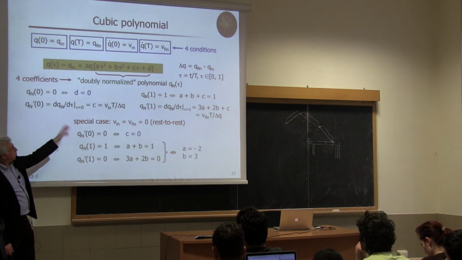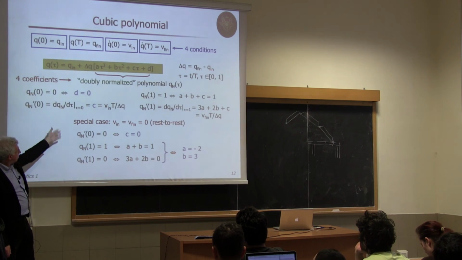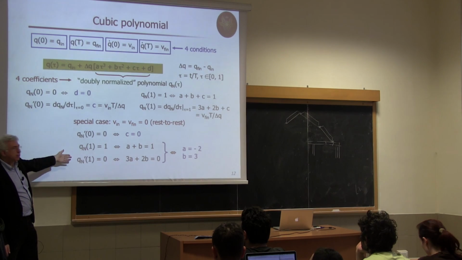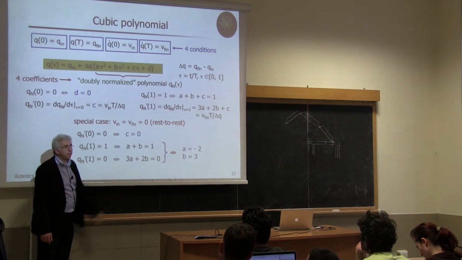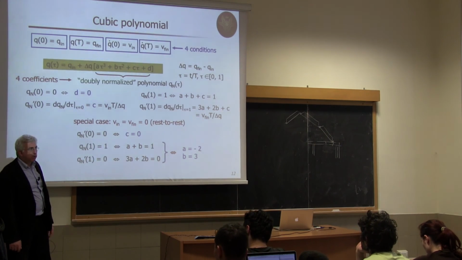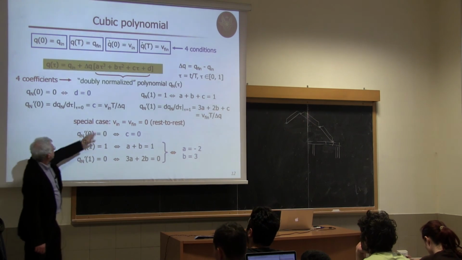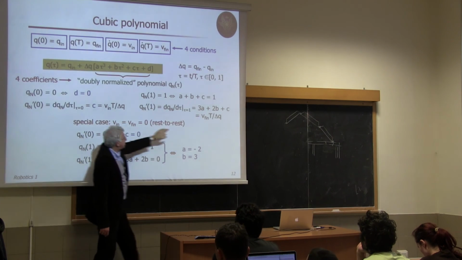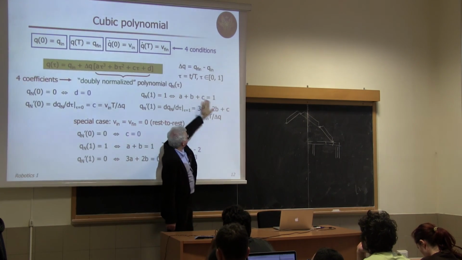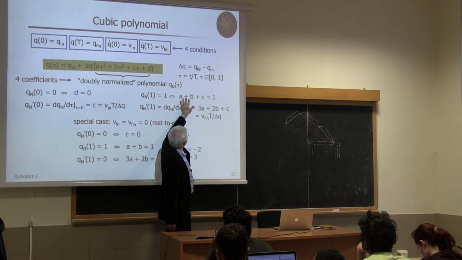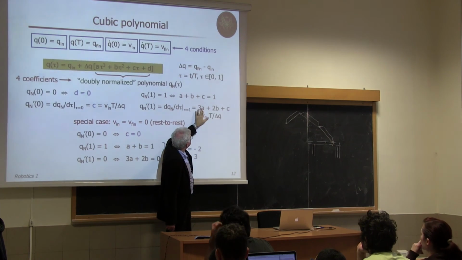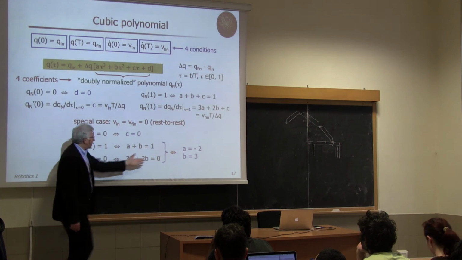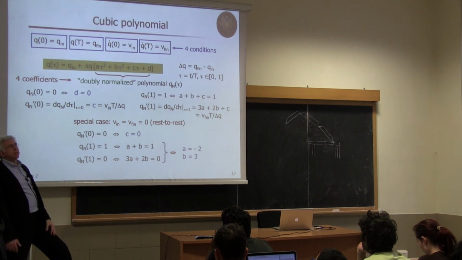So I can solve this, or I can show just the solution for the simple case of rest to rest. When the initial and final velocity need to be 0, then this is 0 and c is automatically 0. This is again 0, and here c is 0. So I have just to solve a plus b equals 1 and 3a plus 2b equals 0, which always gives this solution.